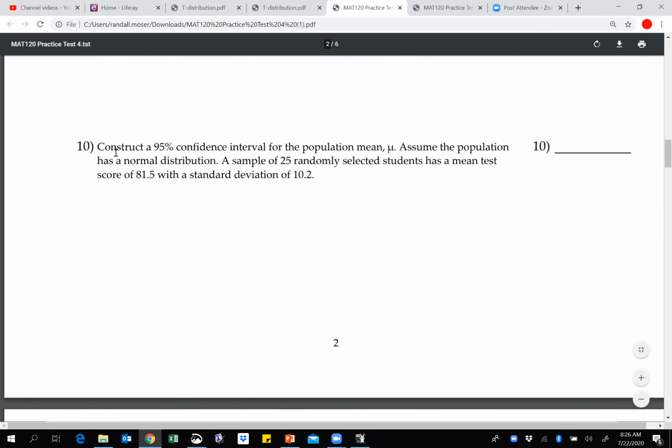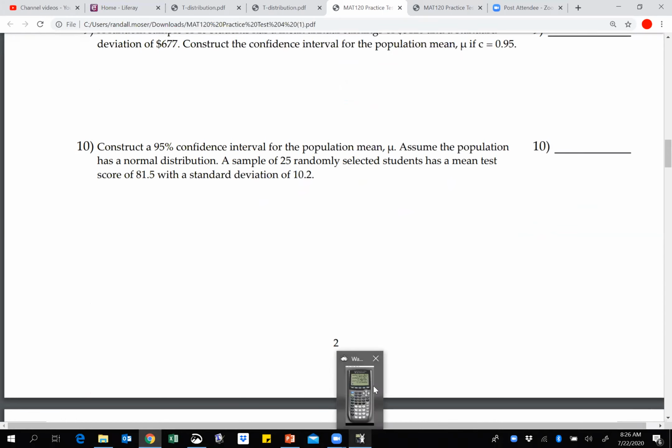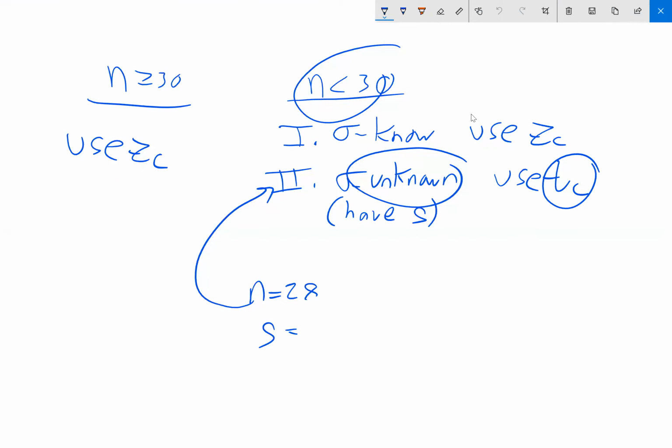So then the next thing we move on to is constructing the confidence intervals, okay? There'll be a couple of different types of confidence intervals we're going to be constructing, but the overall theory from this entire section is that the way you construct a confidence interval is you have your point estimate.